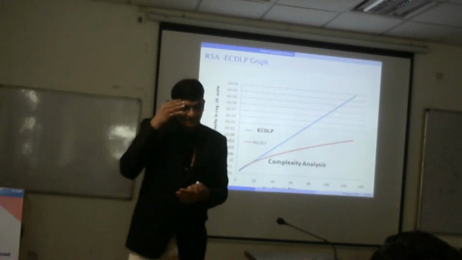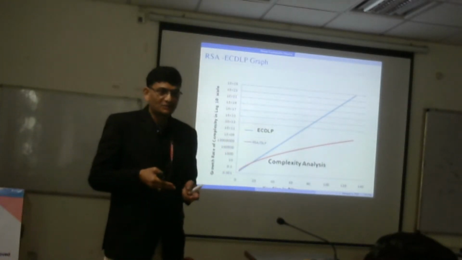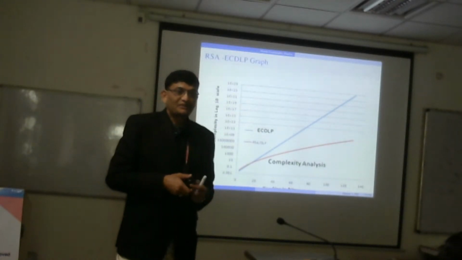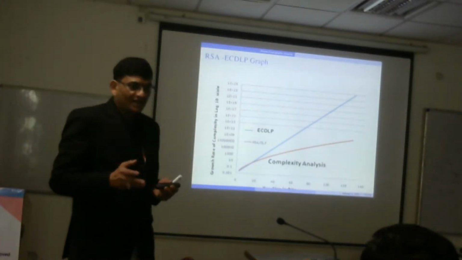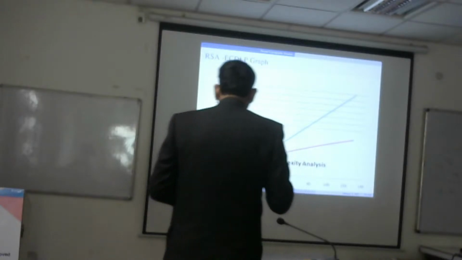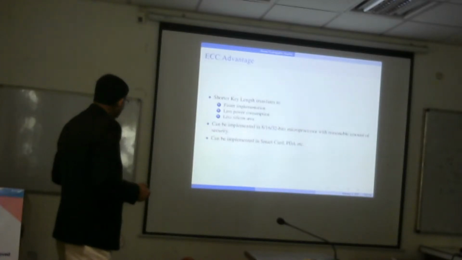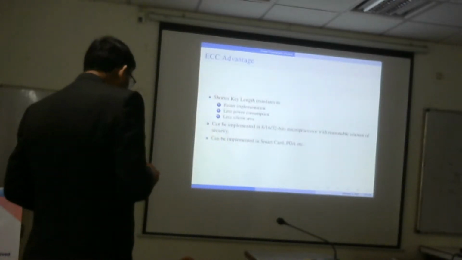That is why people have used elliptic curve cryptography. Initially, very hard mathematical concepts are involved, so people found it difficult to implement these things. Now it is very popular. So in place of RSA or ElGamal, people are using elliptic curves also. So this is the complexity graph. The advantages: shorter key length translates to faster implementation, less power consumption, less silicon area. So we can implement it in a small microprocessor or something, for different devices.